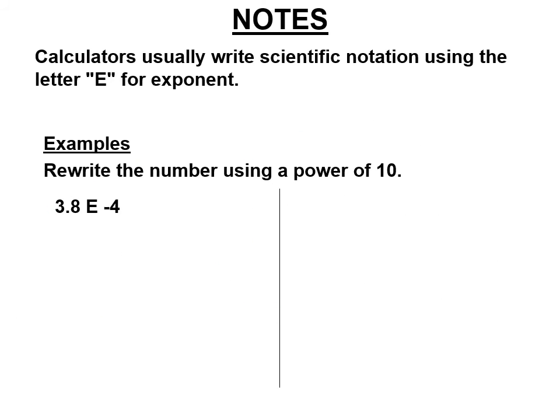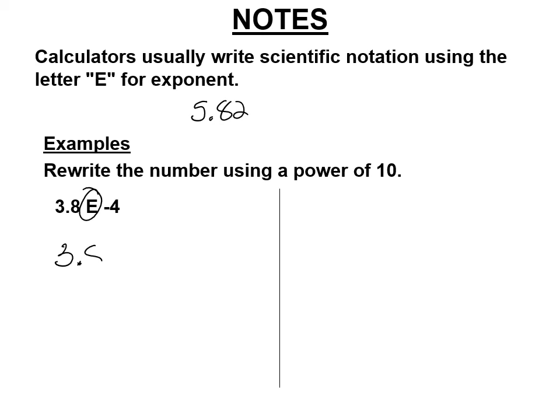It's standard that I tell you this. Some calculators, when they write scientific notation, you'll actually see some sort of 10 to the 4th. They usually can't write little numbers like that. So how do they deal with the fact that they can't write little numbers? Well, they write E. So let's rewrite this.